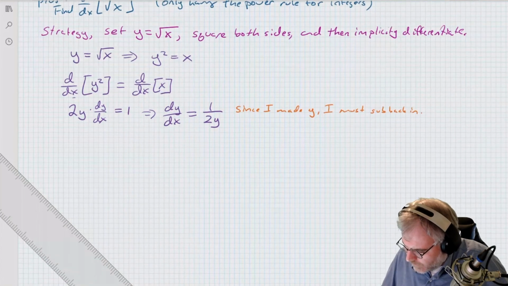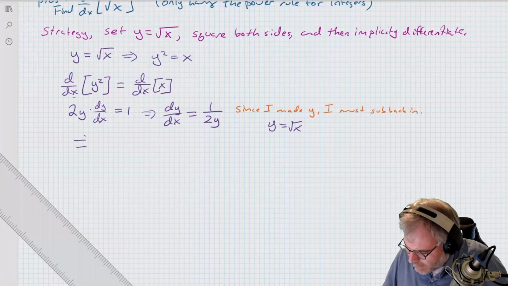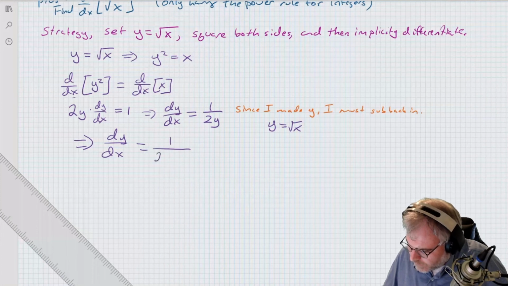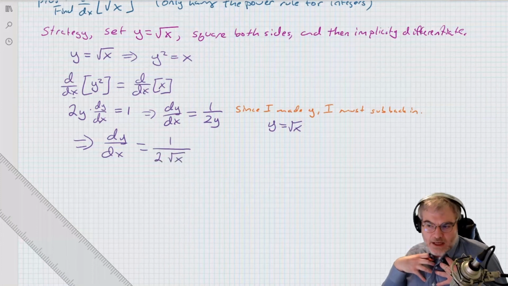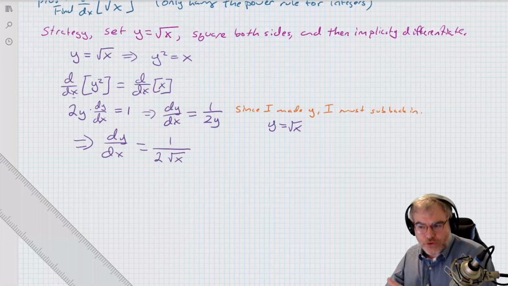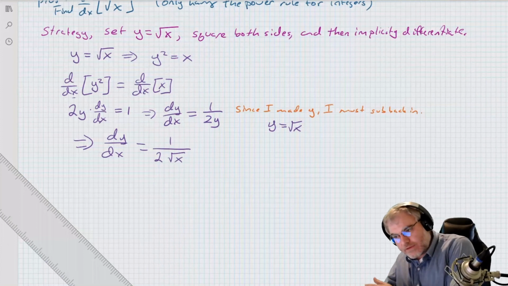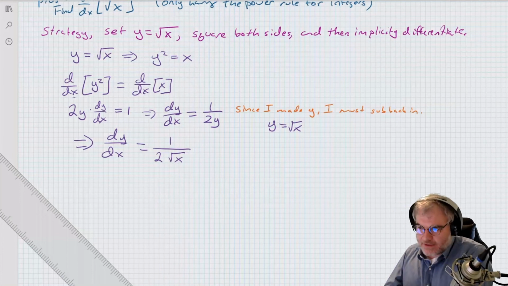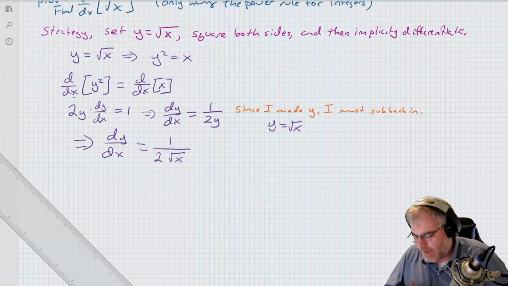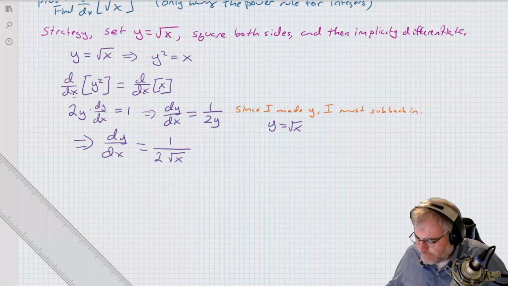So, y equaled the square root of x. So that gives me that dy over dx equals 1 over 2 root x. And I'm not saying I am God. I'm saying you are when you do these problems. And when you giveth, you taketh away. If you createth, you destroyeth. Or sub back in. And that's it.